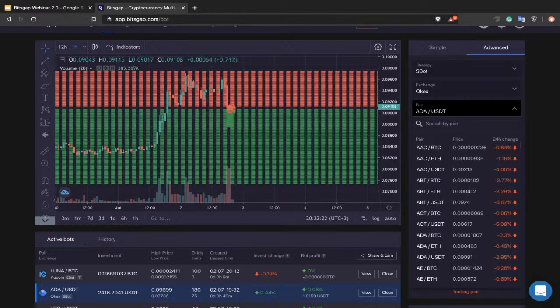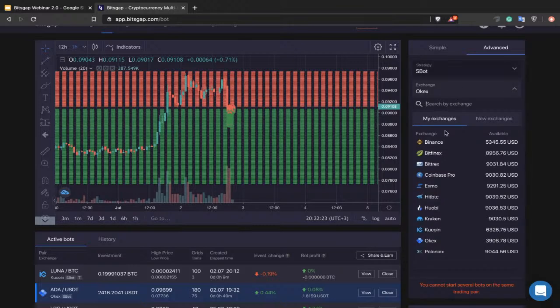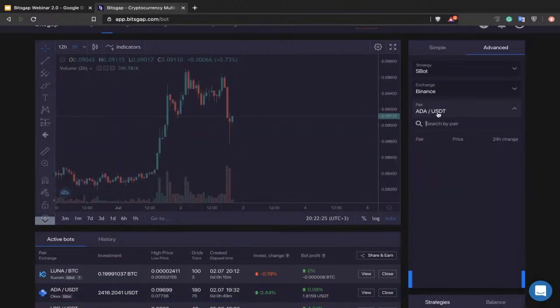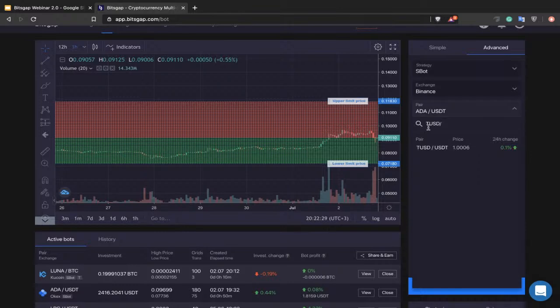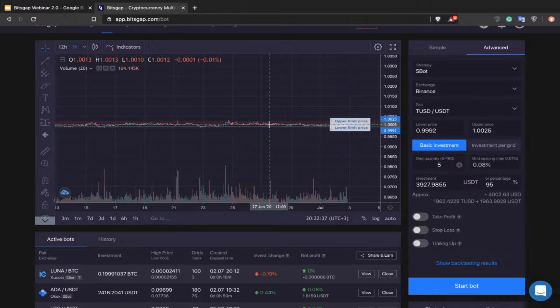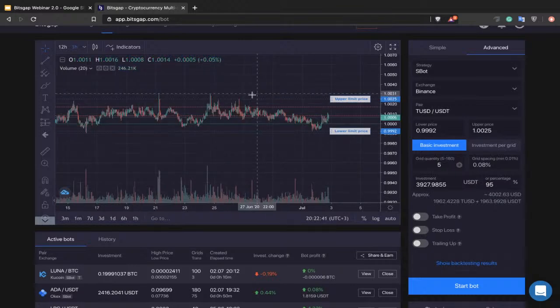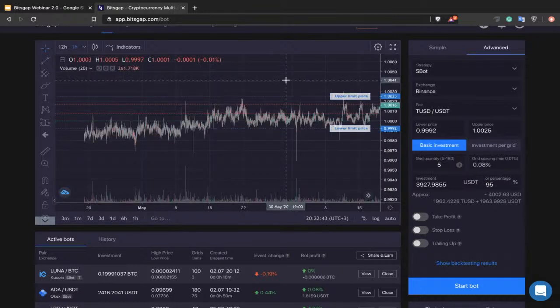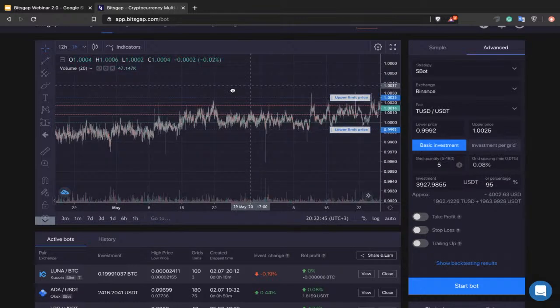For example, at Binance we have TUSD trading to USD. The idea is that when we take stable coins trading to each other, we have pretty much a constant, almost endless sideways market.